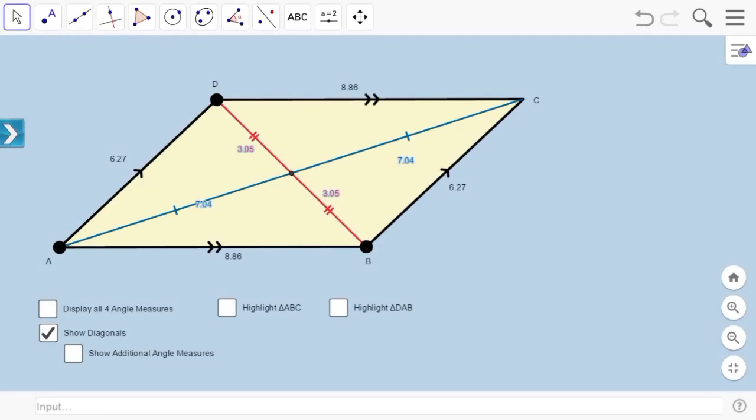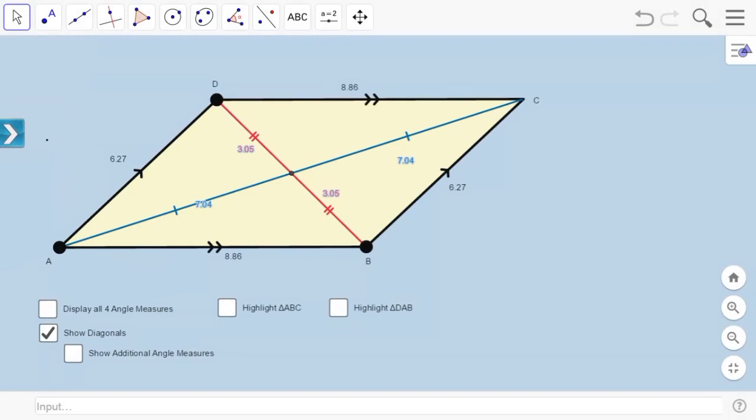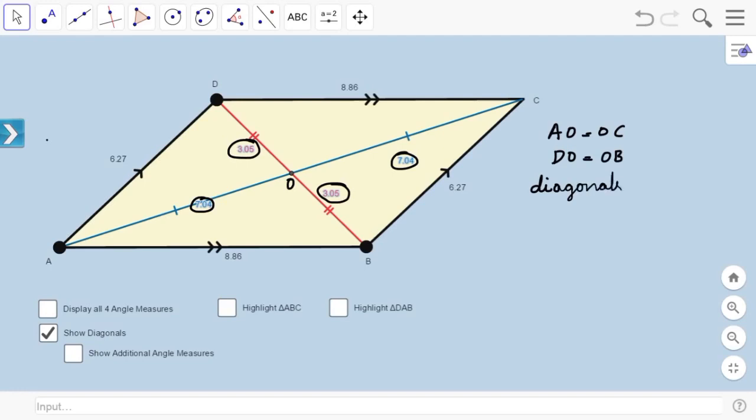Now draw the diagonals. Look at the parts of diagonals. Diagonal AC and diagonal BD intersect at O, and look at the measurement of parts of diagonal AC. AO is equal to OC and DO is equal to BO. Means diagonals bisect each other.